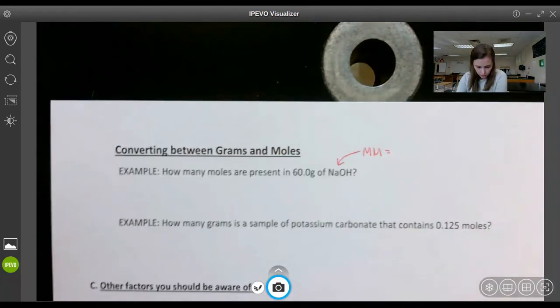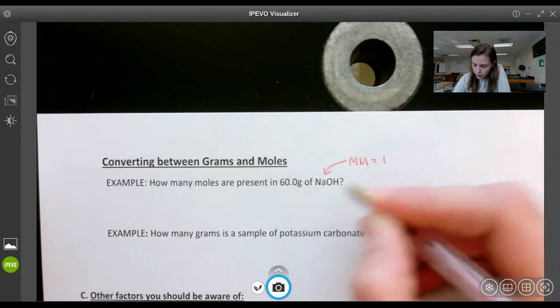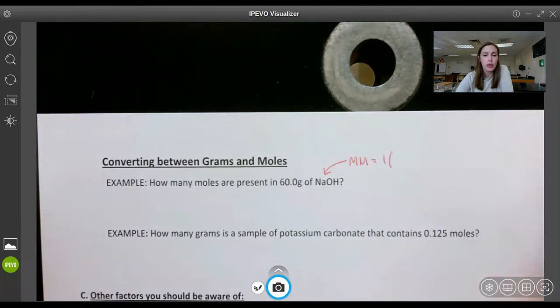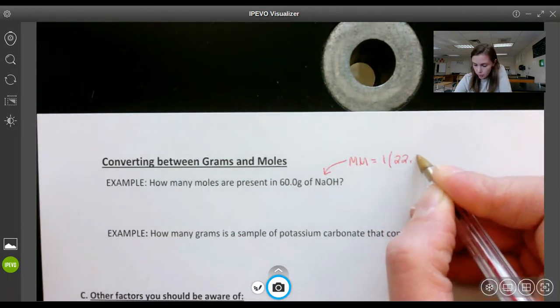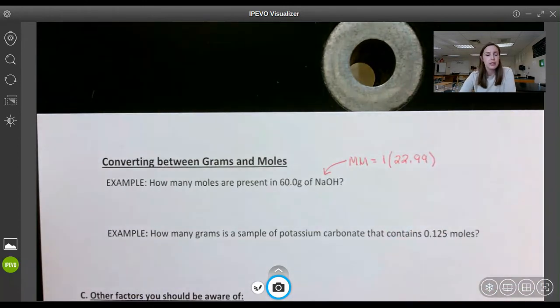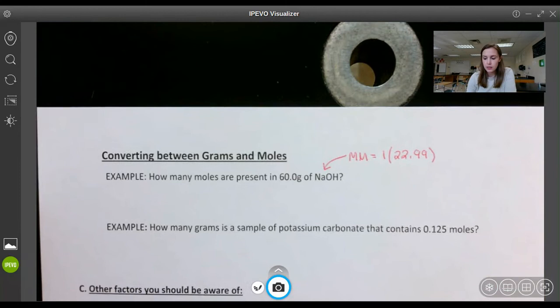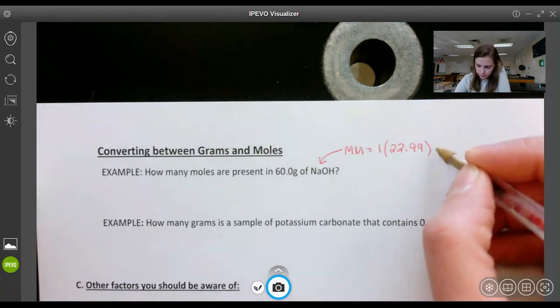So I'm going to be looking at, in here, I have 1 Na, and you can pull up your periodic table in front of you while you watch this so you know where these numbers are coming from. That has a mass of 22.99. And again, in your periodic table, it's in atomic mass units, but because of our definition of molar mass, we can also do this in grams.